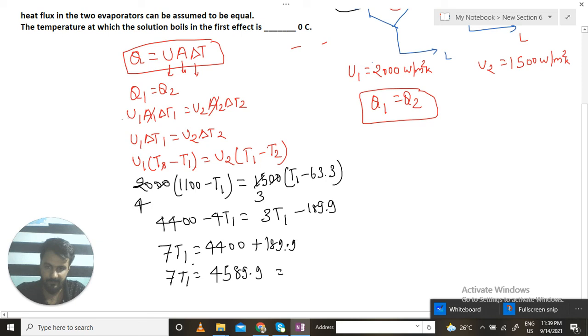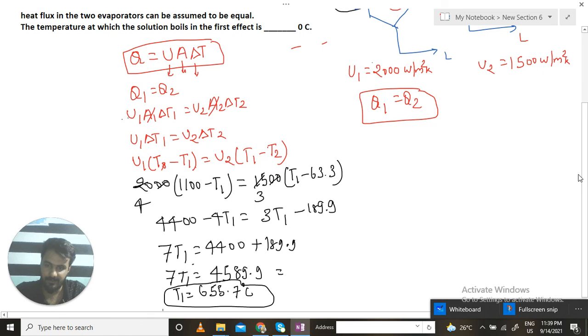So 7T1 is equal to 4589.9. If you want to calculate T1, then T1 is equal to 655.7 degrees centigrade. So from here you can calculate it.